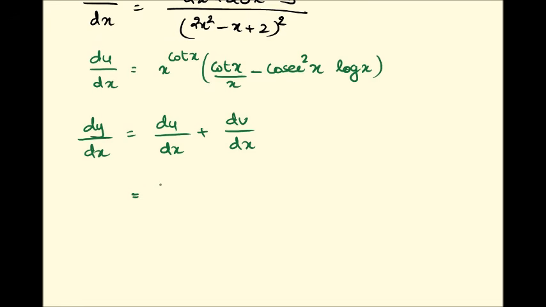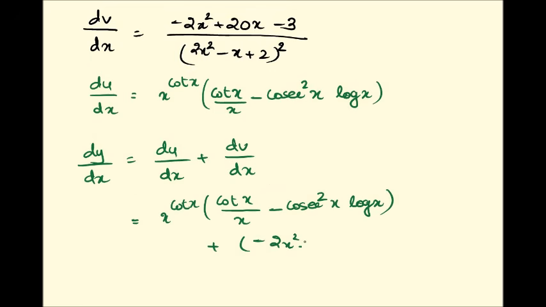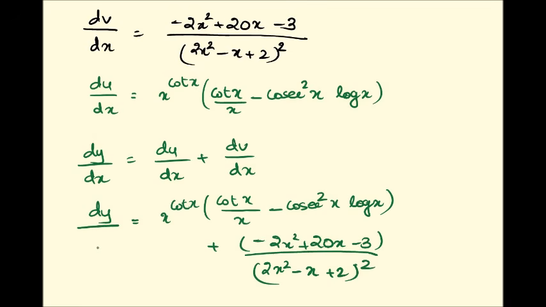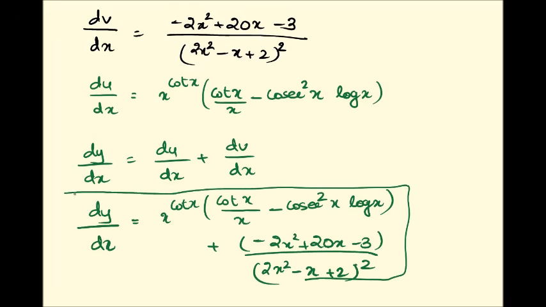That's equal to x to the power cot x into cot x by x minus cosec square x log x plus minus 2x square plus 20x minus 3 divided by 2x square minus x plus 2 the whole square. This is dy by dx. This is the final answer. We cannot solve further, so we can stop here.